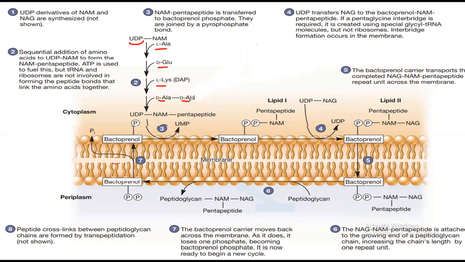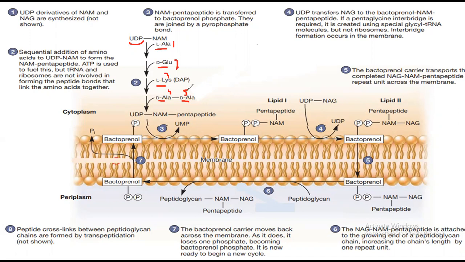First the L-alanine, then glutamic acid, then L-lysine, then D-alanine, and the last one is D-alanine. If we count it, 1, 2, 3, 4, and 5. So it is known as a pentapeptide, because penta means 5, and 5 amino acids are added.